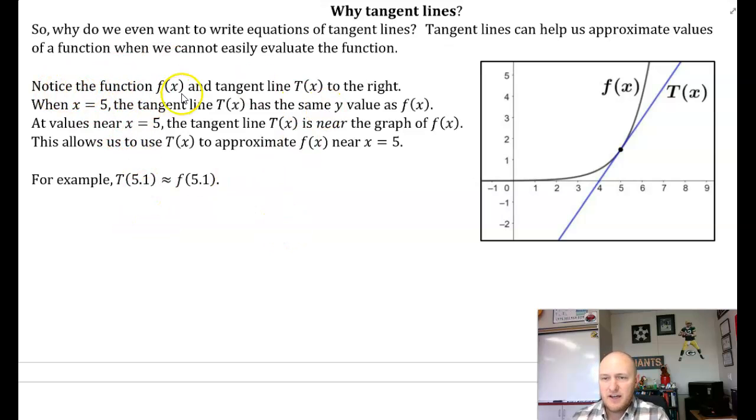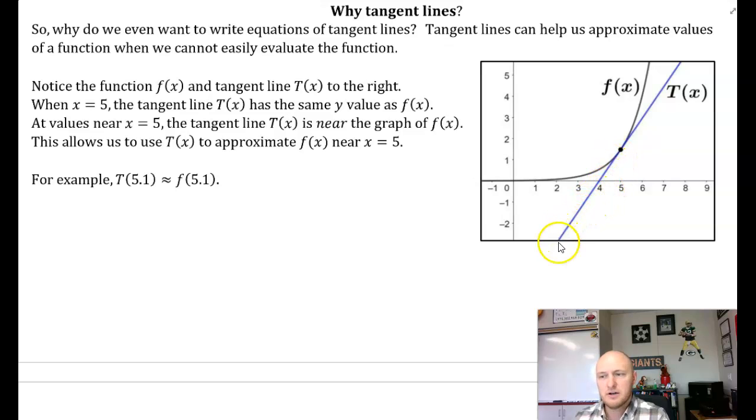Notice the function f of x and the tangent line t of x to the right. So here's f of x, here's the tangent function t of x. Now when x is equal to 5, the tangent line t of x has the same y value as f of x. So t of x is tangent to f of x right here at x equals 5. At values near 5, the tangent line t of x is near the graph of f of x. Aren't they really close here?